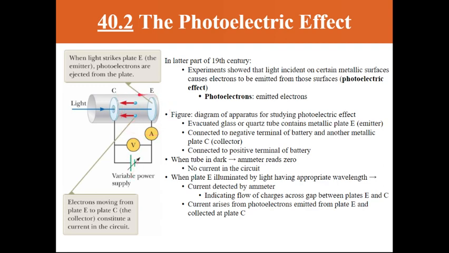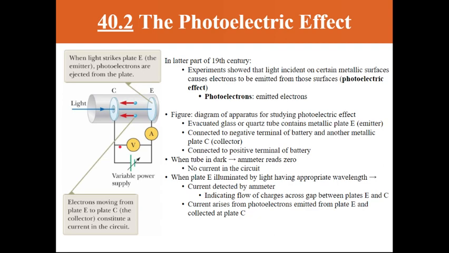The battery is what determines the potential difference. By default, they set it up so that this plate here is the negatively charged plate. You also have an ammeter in your circuit to measure current.